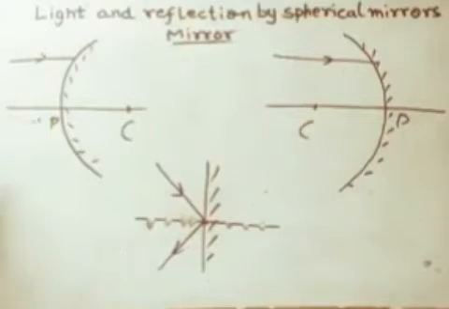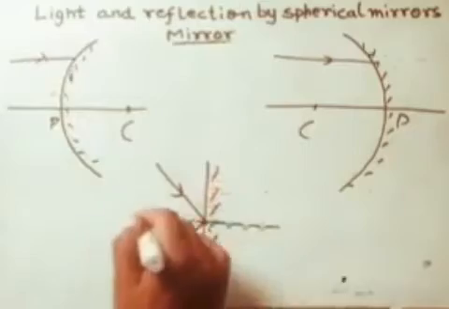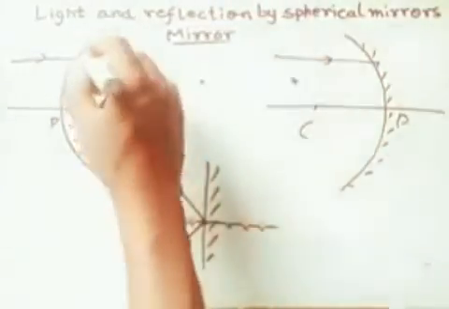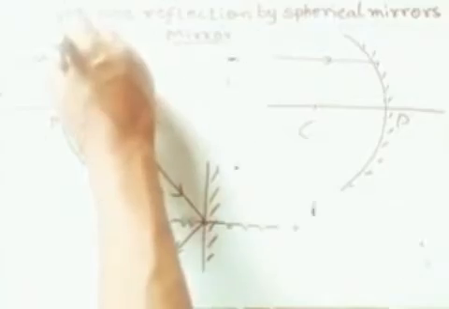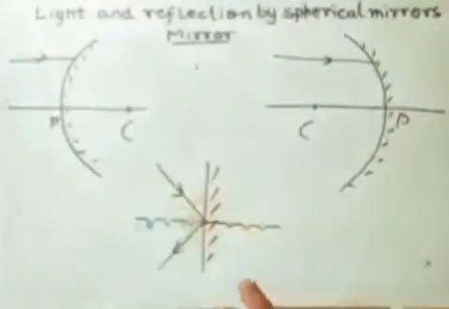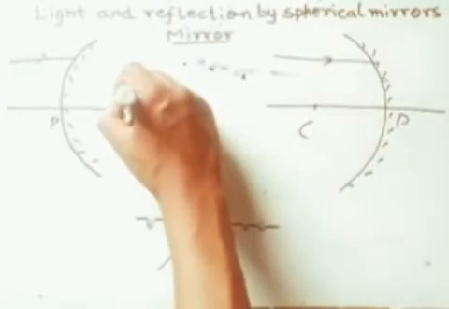But for a spherical mirror, how can we draw this normal? So remember one thing, whenever light gets incident on these spherical surfaces, we draw the normal from the center of curvature.